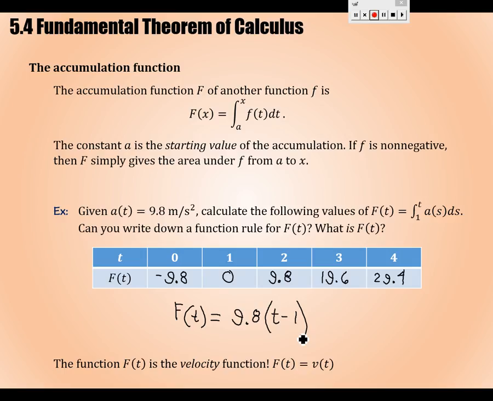Keep in mind the units on the t-axis are maybe measured in seconds, and the function itself is measured in meters per second squared. So what do the units come out to be? Just meters per second, which also confirms that it should be a velocity function from the units too. Good.